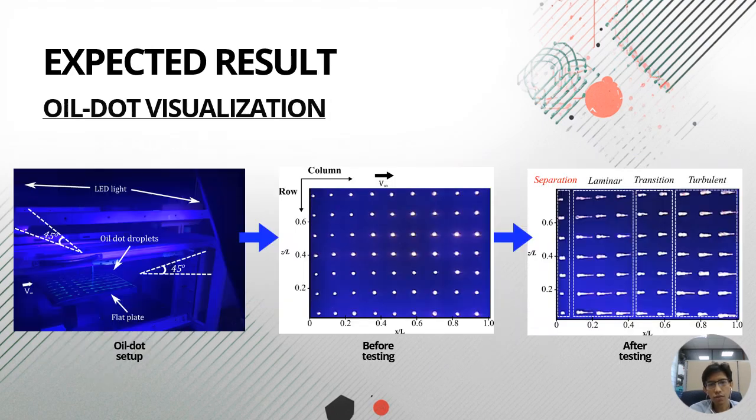For the oil dot visualization, the environment needs to be dark. Before we put the model inside the test section, a mixture of dots is dotted in an array with the same distance between each other. Then we put it in the wind tunnel, and as it reacts with the airflow, we can see several regions on the model, which are laminar, transition, and turbulent.